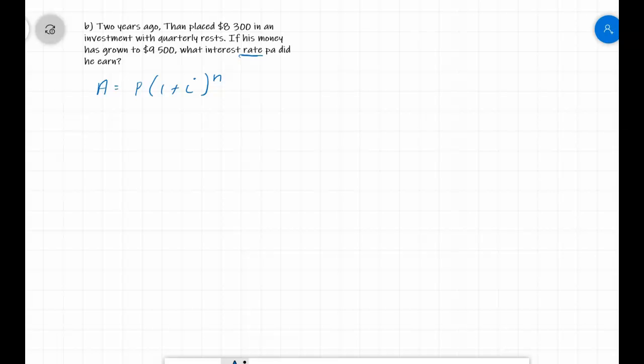All right, so we know that the amount he's now got is 9,500. The principal that he invested was 8,300. The interest rate is what I need to find.